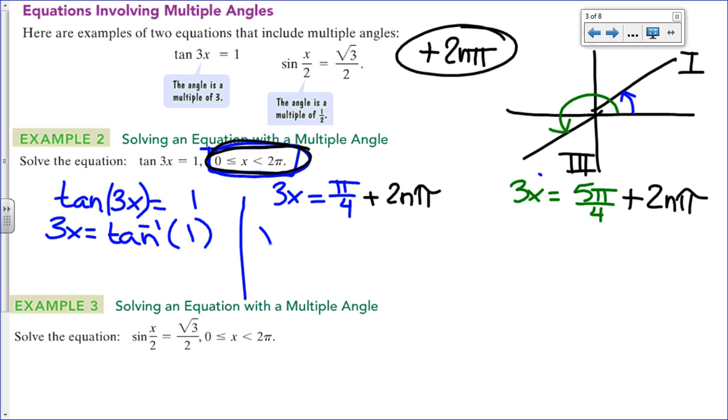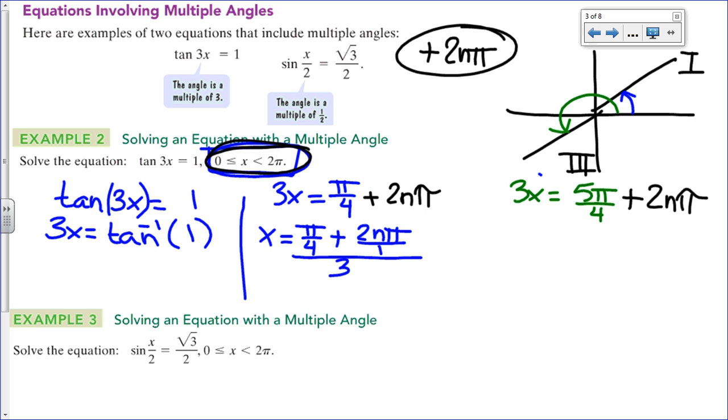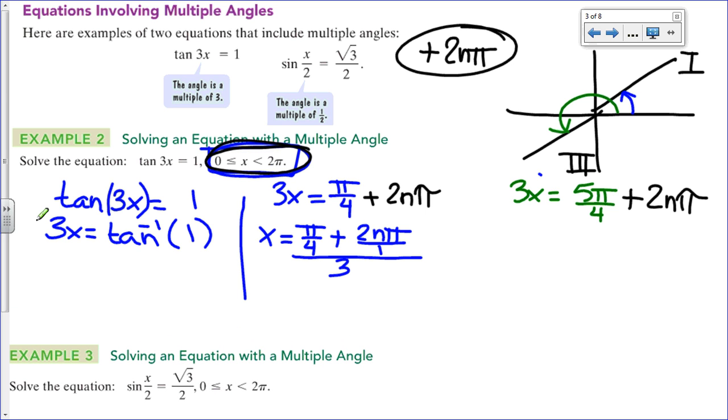So then we will have x is equal to pi over 4 plus 2n pi, then everything divided by 3. So the way we reduce that is going to give us pi over 4 divided by 3, and then of course 2n pi divided by 3.